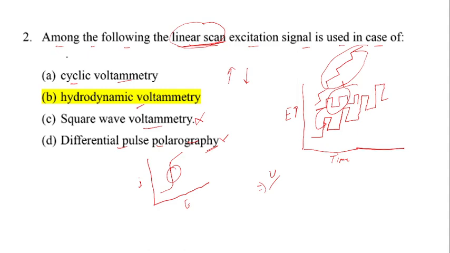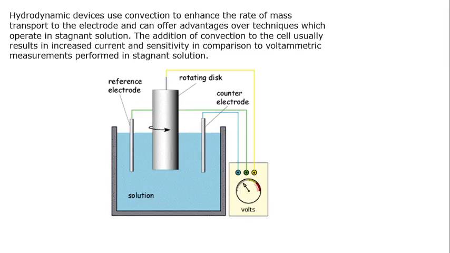So hydrodynamic voltammetry is the right option. Let me explain what hydrodynamic voltammetry is. You can understand by the name only: hydro generally means water, and dynamic means something is moving.